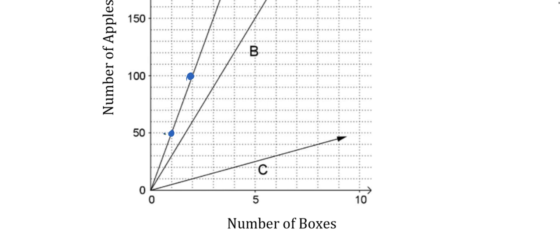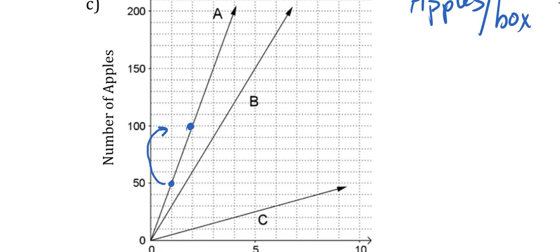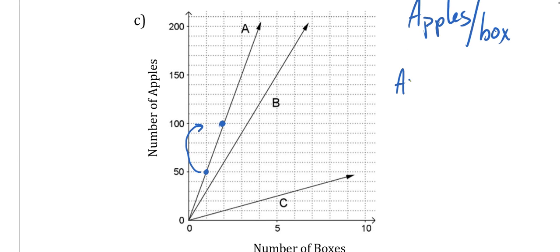What was the change here? How many apples? 50. So for A, I've got 50 apples. And what was the change in boxes? 1. So 50 over 1, which is 50 apples per box.